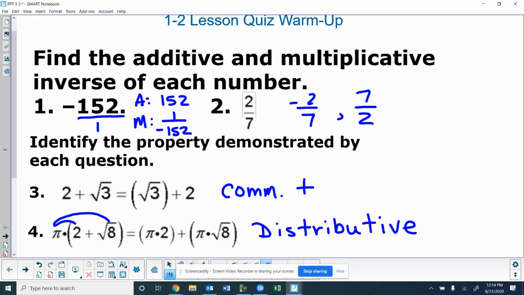Okay, 21, what property is being demonstrated there? They just multiplied the z out front by the x and the y, so that's the distributive property. For 24, it said to use mental math, and when you do that, you should get $13.50.